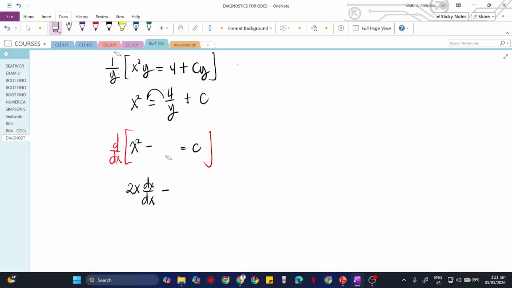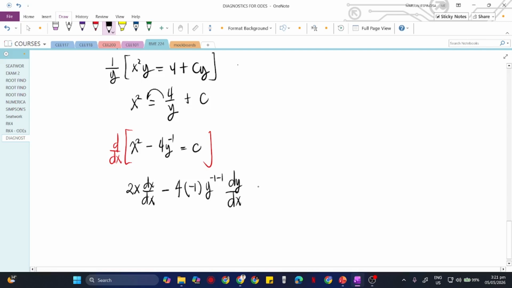So that will give us 4y prime, y raised to the power of negative 1. Therefore we have 4, and then we can bring down the negative 1, so that becomes y raised to negative 1 minus 1, and then we have dy over dx.